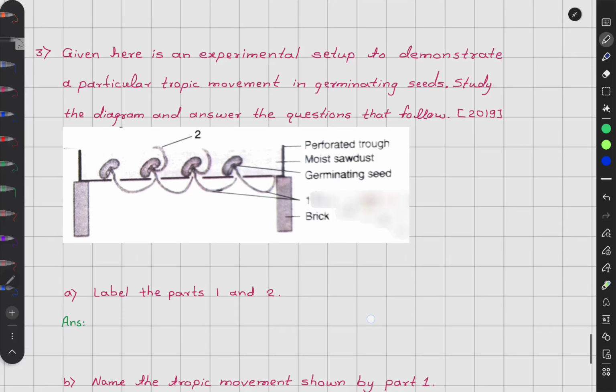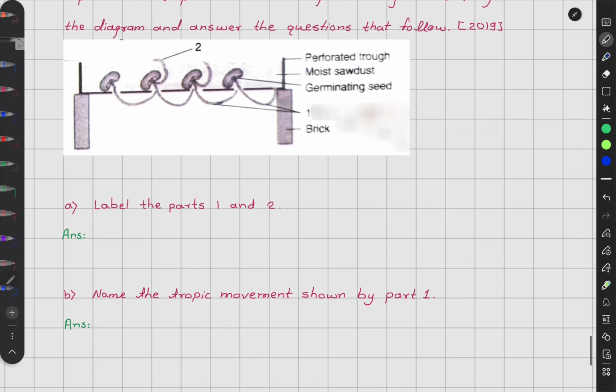The third question: it is an experimental setup to demonstrate a particular tropic movement in germinating seeds. Study the diagram and answer the questions that follow. Label the parts 1 and 2. Part 1 is radicle.